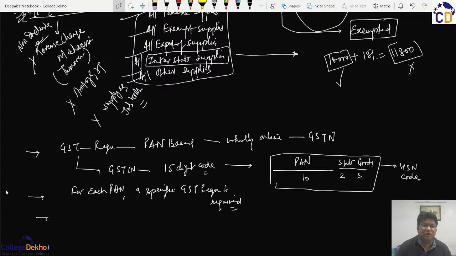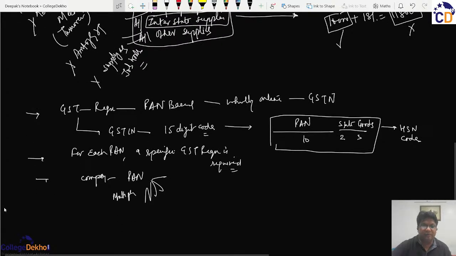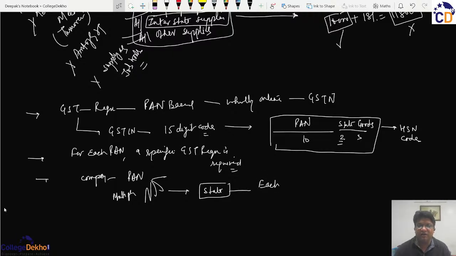So if a company with a single PAN has multiple branches, but that depends, if these are branches in different states, because it has a state code, we need to have each registration for each state separately.